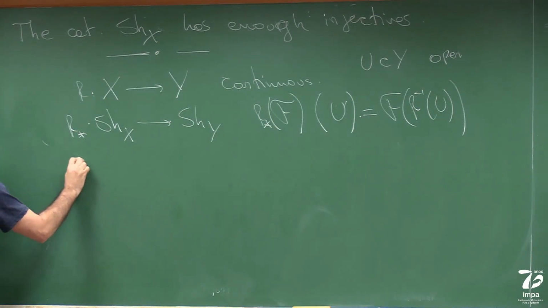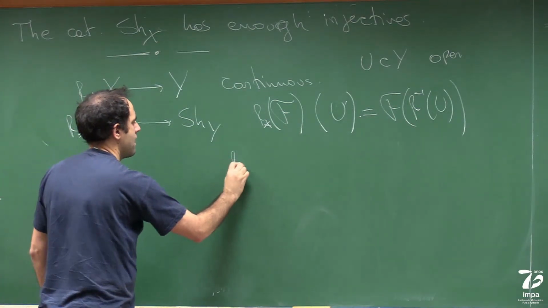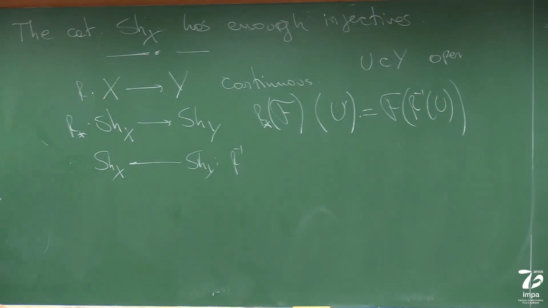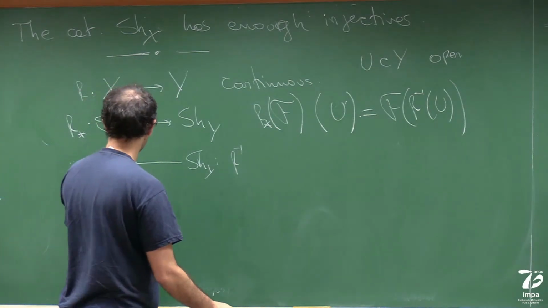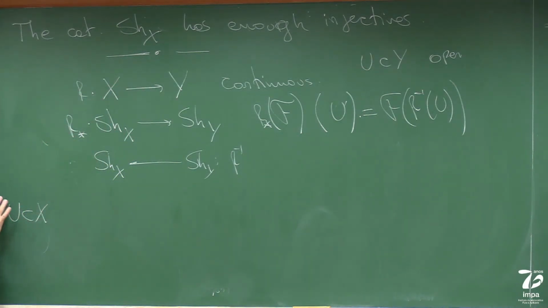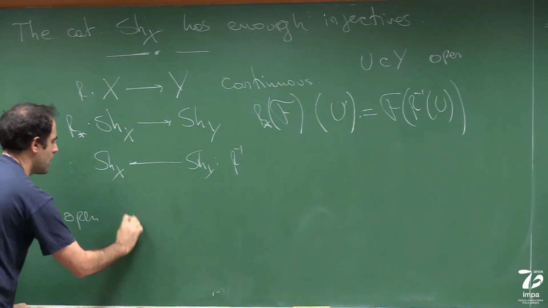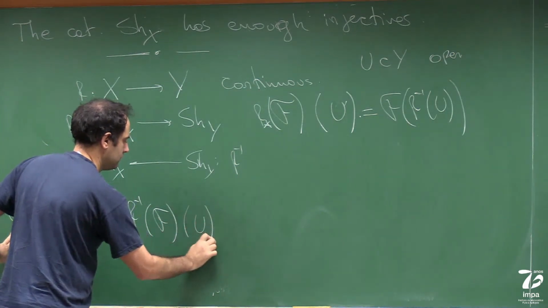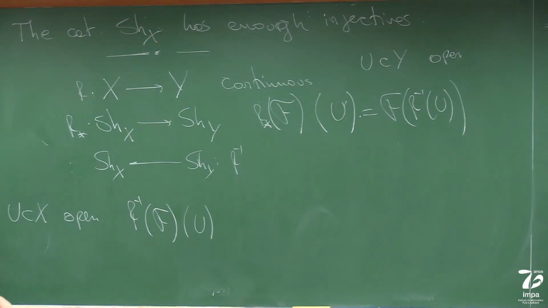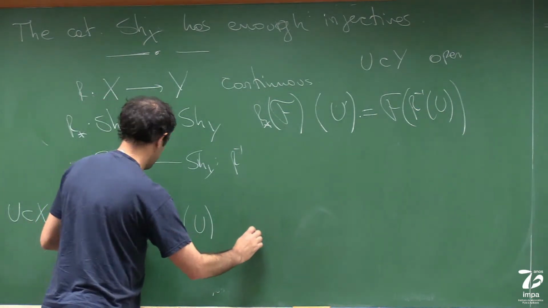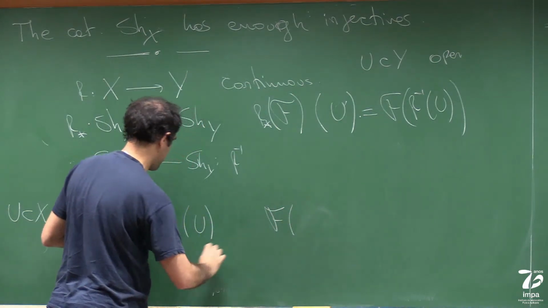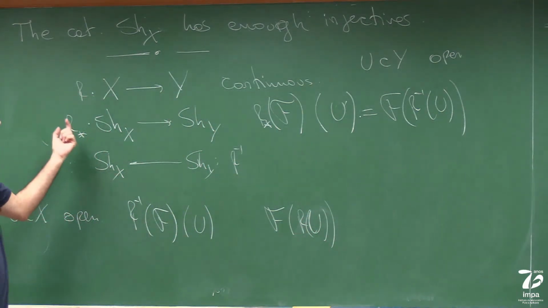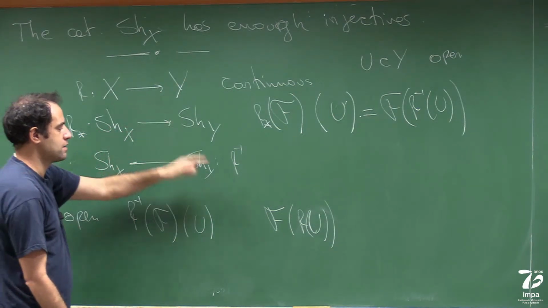Similarly, f inverse, I guess I should write it this way, f inverse goes from sheaves on Y to sheaves on X. This is a little bit trickier because now you start with an open U in X, and you want to evaluate this sheaf on this open U. And, well, you might be tempted to use F of f of U. So you have this open in X, you apply f, which goes from X to Y, it gives you some subset of Y, and you take sections of F of that.